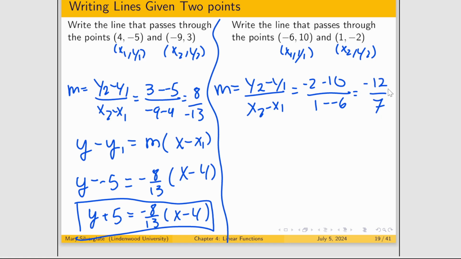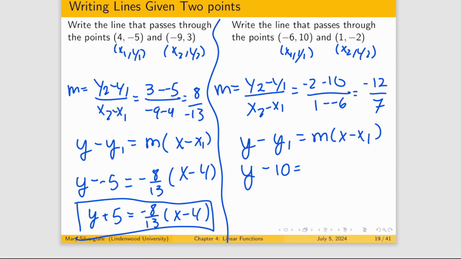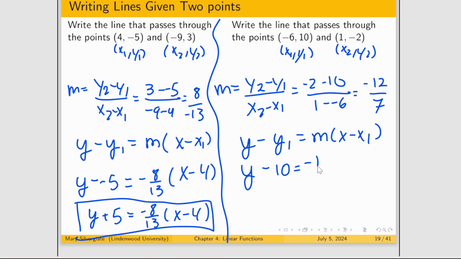This is yet another example of a slope where I really don't personally feel like solving for the y-intercept. Instead, I'm just going to plug into point slope form. So that gives me y minus my y1, which is 10, equals, I actually know what my m is, so I don't need to rewrite m. I know my slope is negative 12 over 7, times x minus negative 6, my x1.